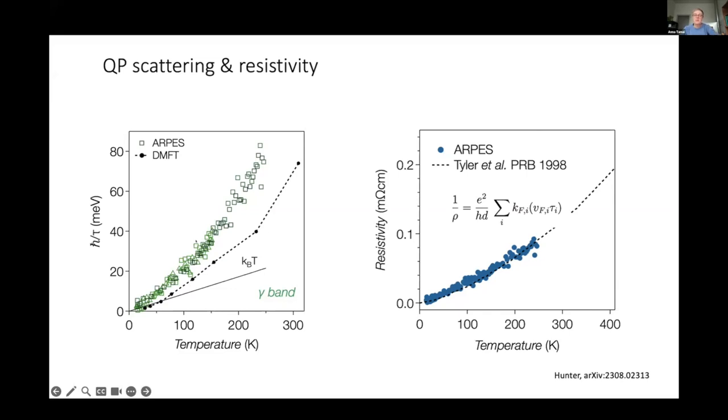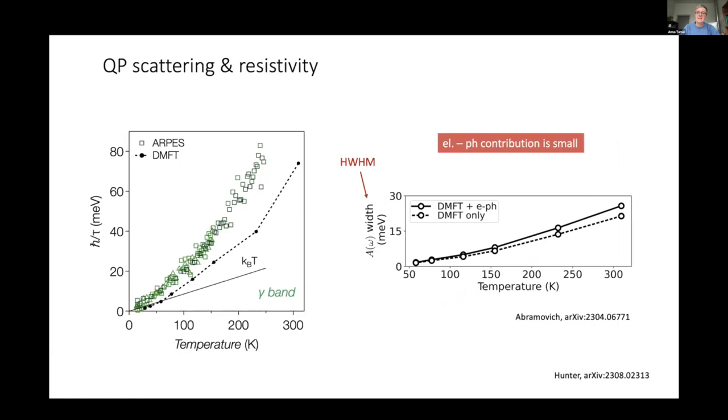Of course, in experiment, there will be more effects than just electron-electron scattering. There will also be electron-phonon scattering. And indeed, there is a recent DMFT work that also includes electron-phonon coupling. There is a small additional increase due to electron-phonon coupling, but this is quite small. The dominant effect is electron-electron scattering.